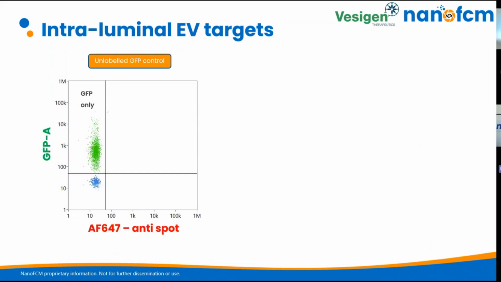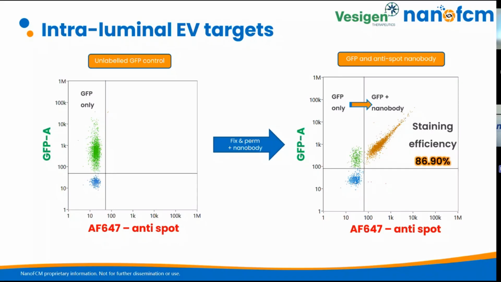So first we started with GFP only unlabeled control, and we found good detection of the GFP molecule. We then fixed and permeabilized the EVs and labeled with a spot-specific nanobody in the red channel, and we found a staining efficiency of 87%, and we can identify this by the dual positivity population.